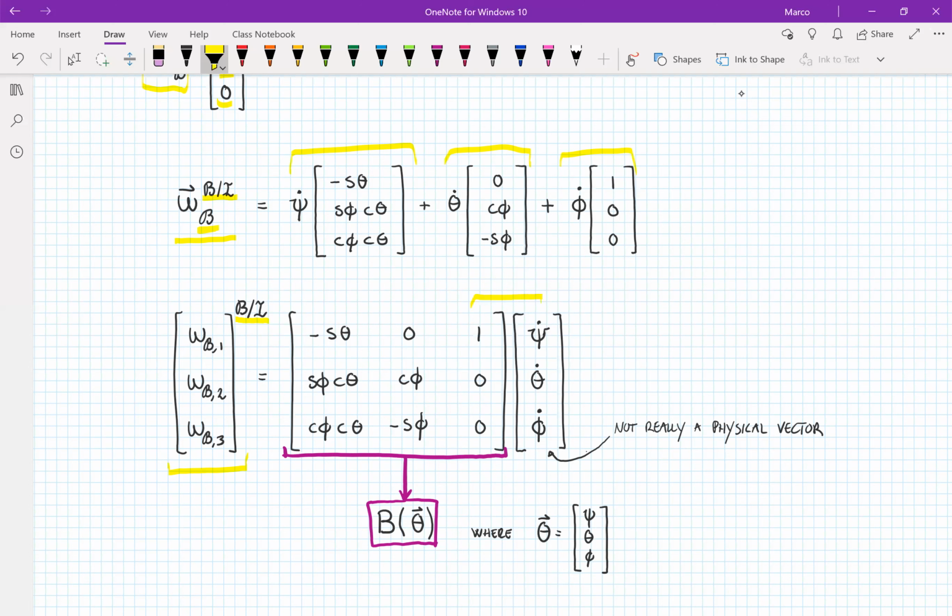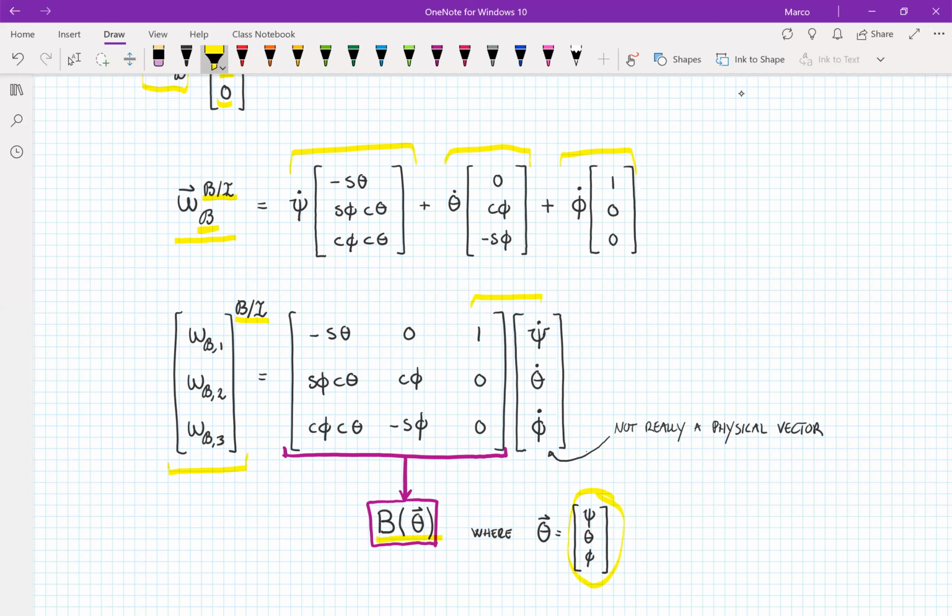The first one is a matrix, which is usually called B of theta, but in this case, theta is a vector, and it actually indicates all three Euler angles. So the theta vector is actually psi, theta, and phi.